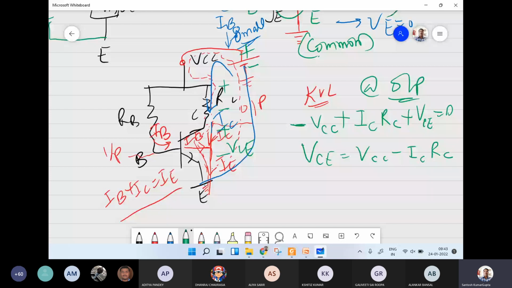In this, if we make IC equal to 0, then VCE will be equal to just VCC.